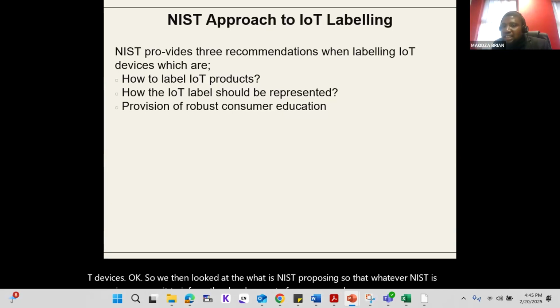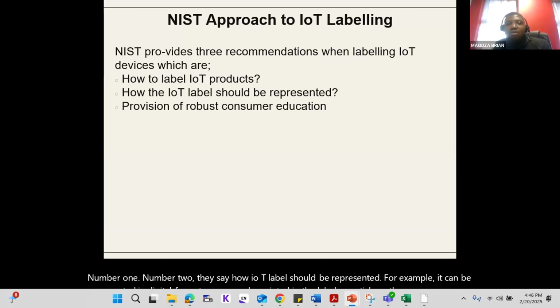So, for example, they ask how we are supposed to label the IoT devices. That's guideline number one. Number two, they say how the IoT label should be represented. For example, it can be represented in digital format, or it can be printed and the label stuck on the device.